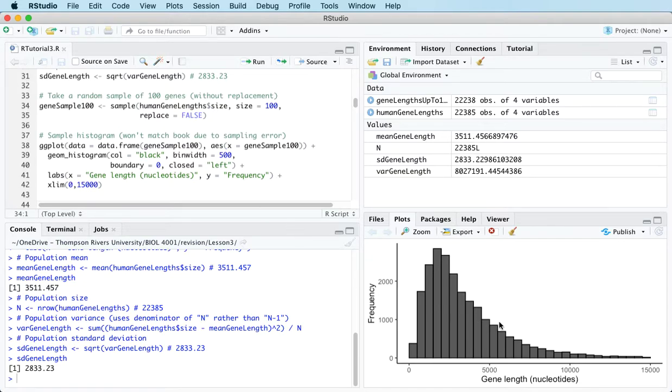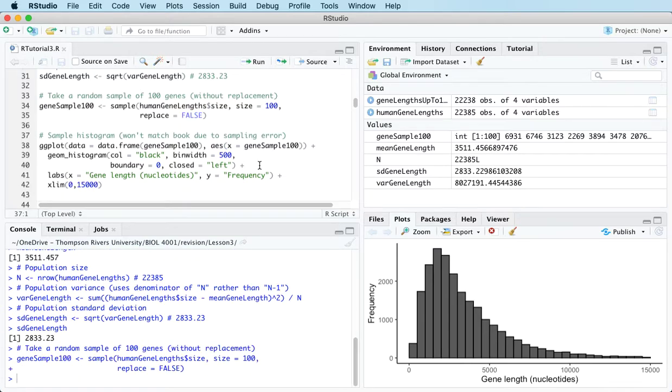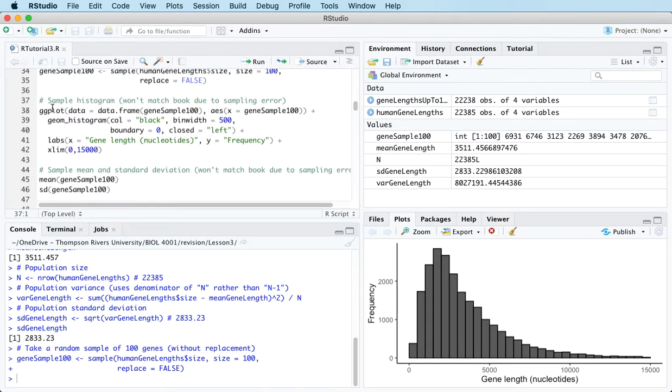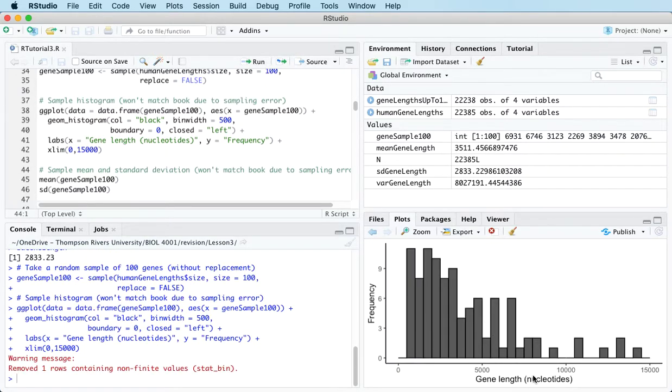We usually don't get to see this population. All we get to see is the sample. So I'm going to take a sample from my population, and I'll draw a histogram for the sample. This is now mimicking what we would do in practice. We would look at the data, which in this case means looking at a histogram.